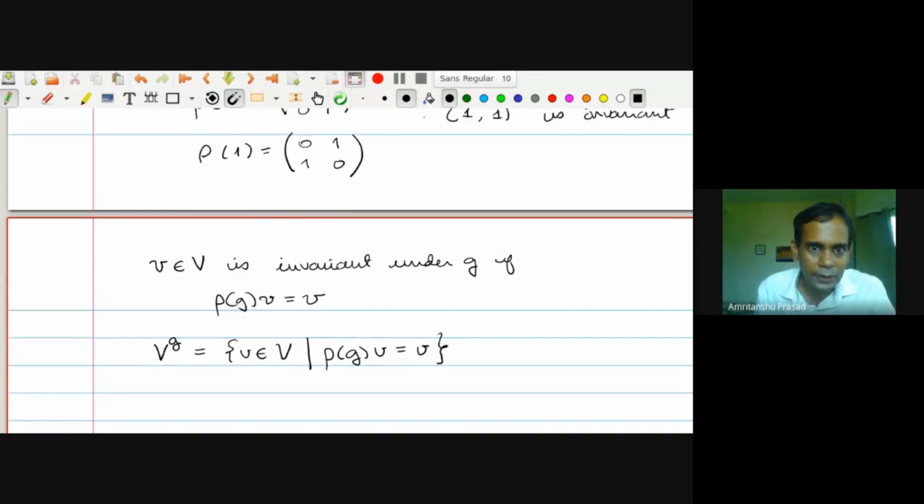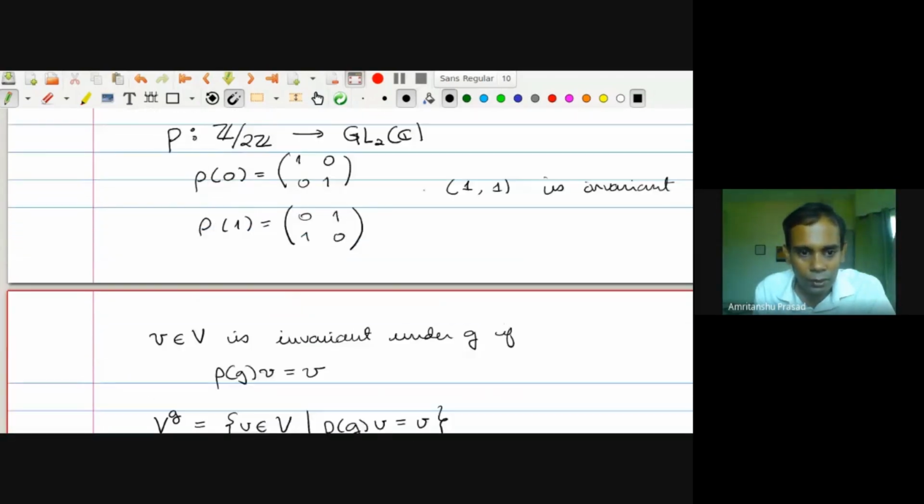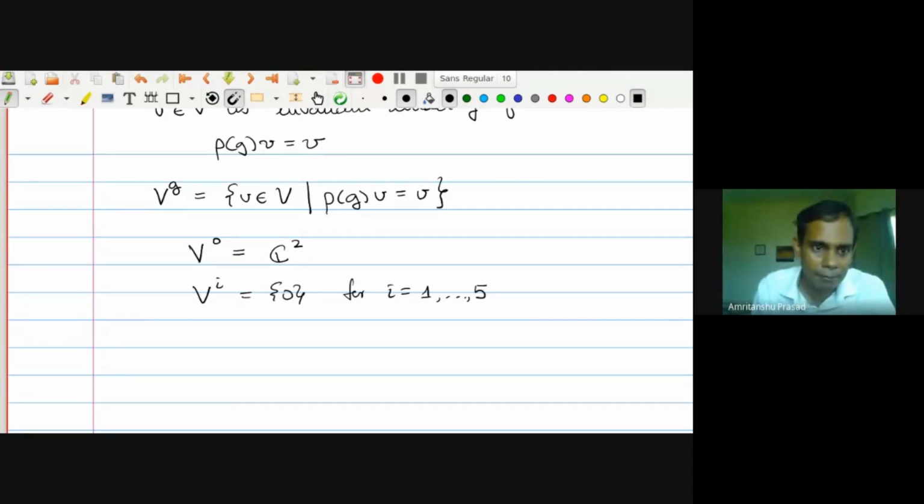Okay, so in this first example, rho... V^0 is the full vector space. V^i is just the trivial vector, i equals 1 to 5, in the first example, which is the rotation by 60 degrees and its multiples.